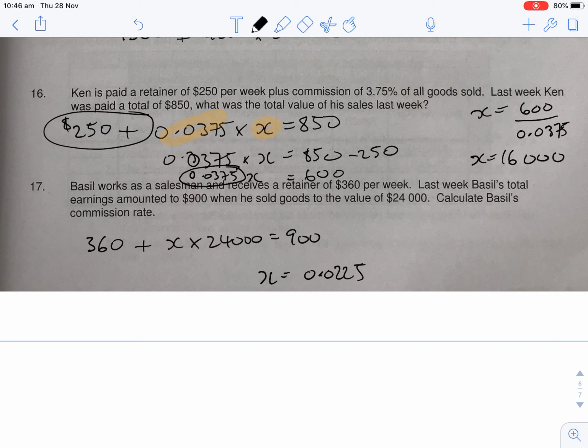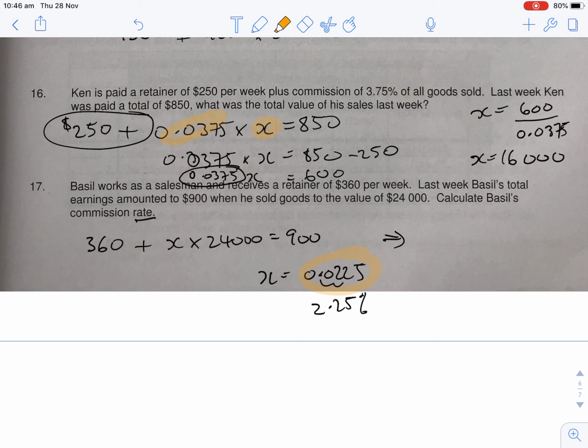Don't forget to interpret it. We always put it into an equation as a decimal. So when we interpret it as a rate, and they've said here, calculate his commission rate, so we need to express it as a percentage. So I'm going to times it by 100, which will give me 2.25%.